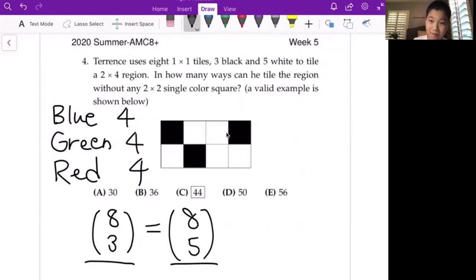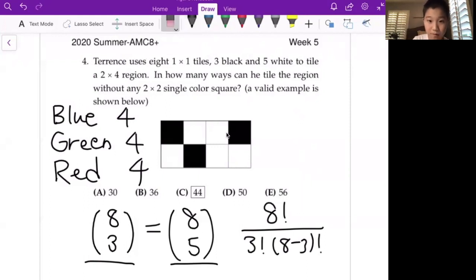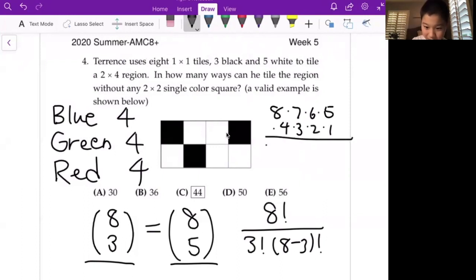So, what is choose exactly? Well, 8 choose 3, this particular example is 8 factorial over 3 factorial times 8 minus 3 factorial, or 8 times 7 times 6 times 5 times 4 times 3 times 2 times 1 over 3 times 2 times 1 times 5 times 4 times 3 times 2 times 1, because 8 minus 3 is 5.